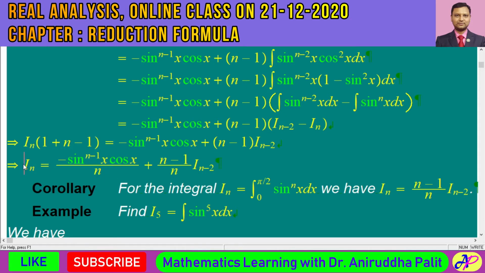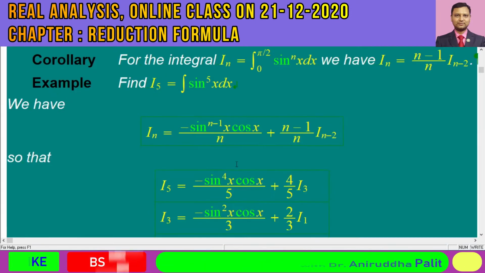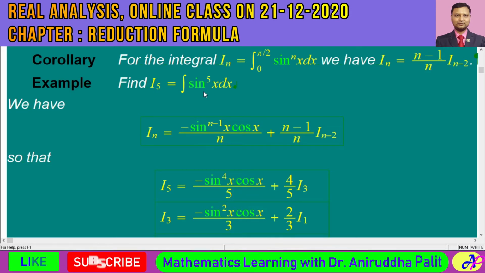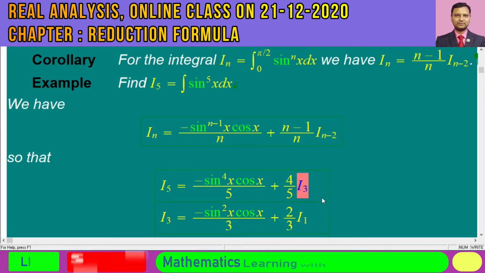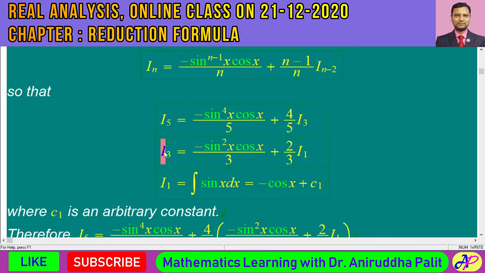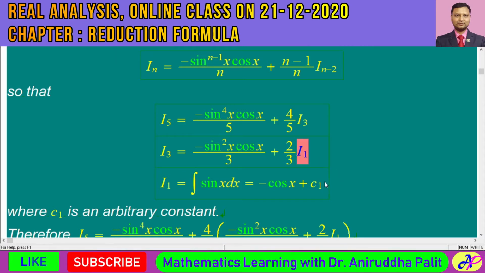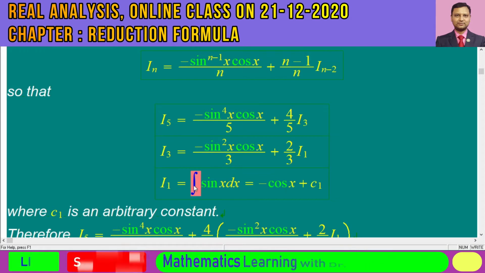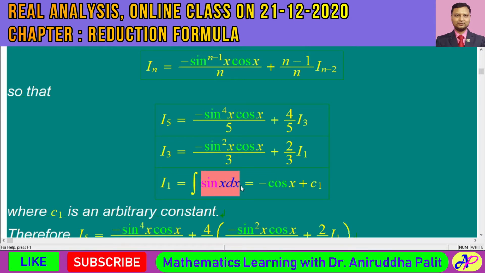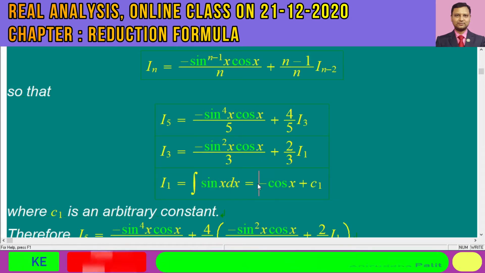Now with the help of this formula, I5 is converted into I3. Then I3 is converted into I1. And what is I1? I1 is a simple integral of sine x dx, and its integration is minus cos x.